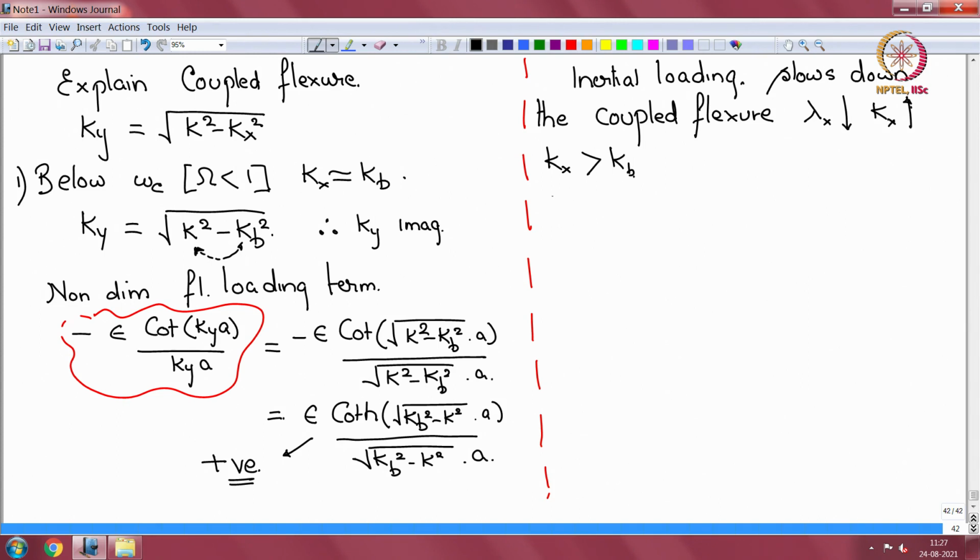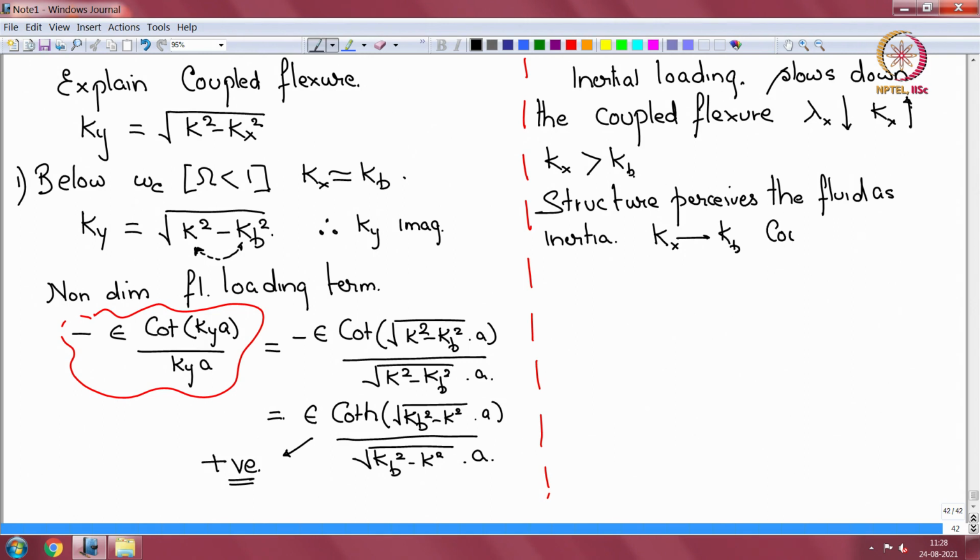Okay, so the structure perceives the fluid as inertia. Okay, and now since kx is a modification to kb, we'll call it coupled flexure.